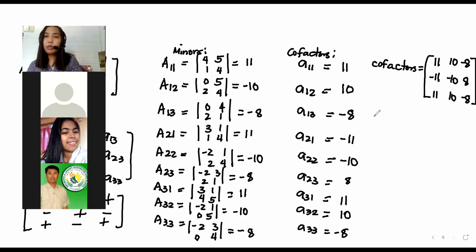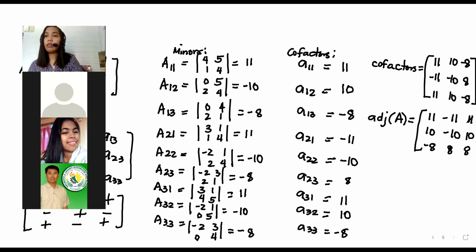It says there that adjugate of A is the transpose of your cofactors. So we're going to interchange your row by column. So we'll have 11, 10, negative 8, negative 11, negative 10, 8, 11, 10, 8.